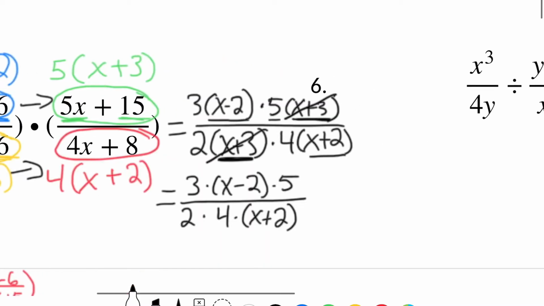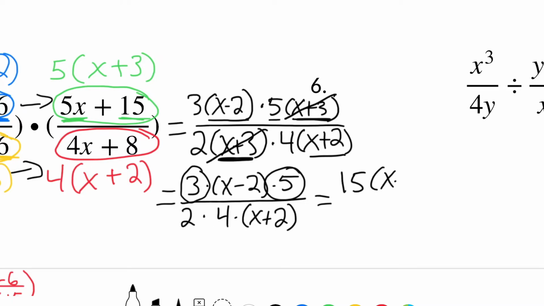So we're going to simplify this. Because multiplication is commutative, we can go ahead and combine 3 and 5. So 3 times 5 is 15 times our x minus 2, all over, again we can go ahead and combine our 2 and our 4 to give us 8 times x plus 2.